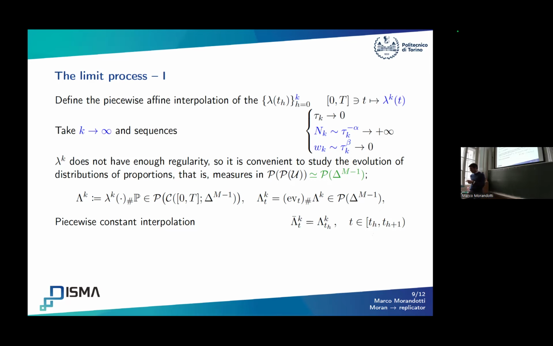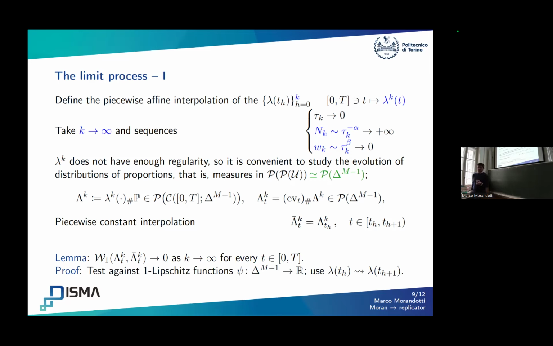It is easy to draw. The push forward of the other one, I'm not so sure, but their distance becomes arbitrarily small. Actually, they converge to one another when k goes to infinity. The good way to measure distance between probability measures is the one-Wasserstein distance here, which is obtained basically by testing against the one-Lipschitz functions, and here we can really make use of the update rule of the proportions to estimate the difference.